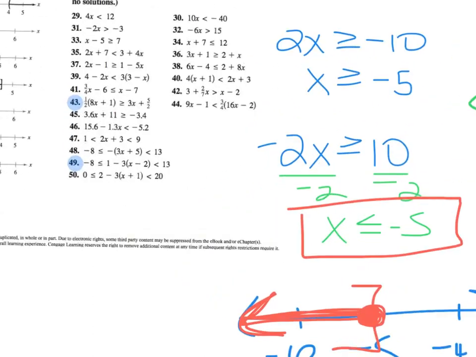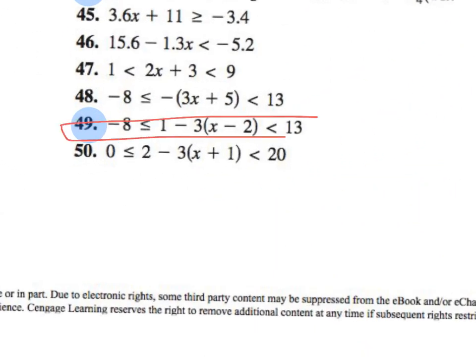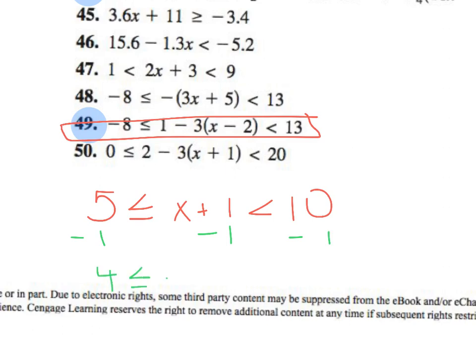Then you've got compound ones in here. Like this one has 3 parts to it. Whatever you do to the middle, you have to do to both sides. So if it was 5 is less than or equal to x plus 1, which is less than 10, then when I subtract the 1 from here, I have to do it to both sides. So this would be 4 is less than or equal to x, which is less than 9.